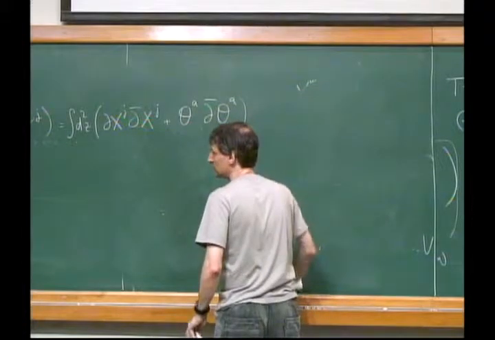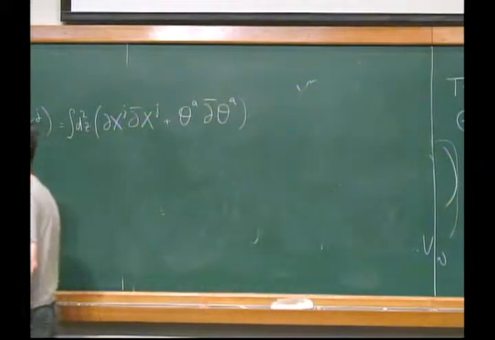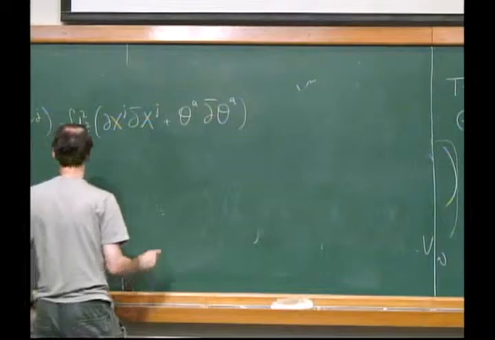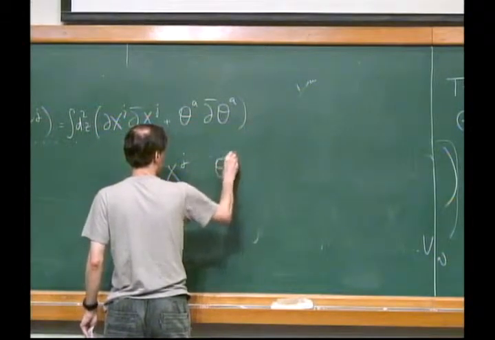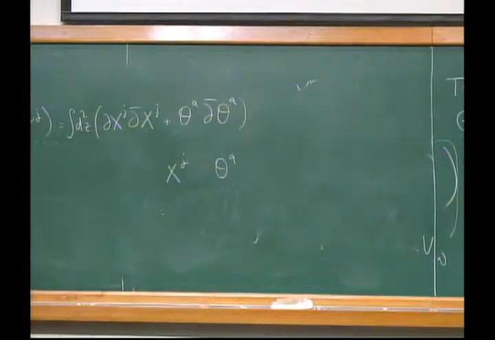So in this description, instead of having xj and psij, we're going to have x J, and theta A. Now it turns out, please. The J, the capital J, now is a holomorphic index on the space-time, right?